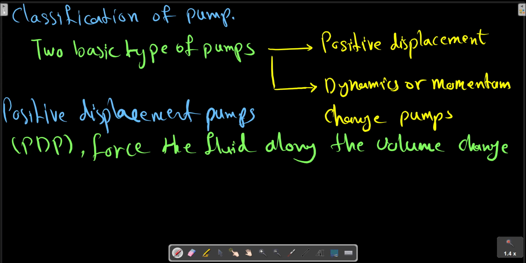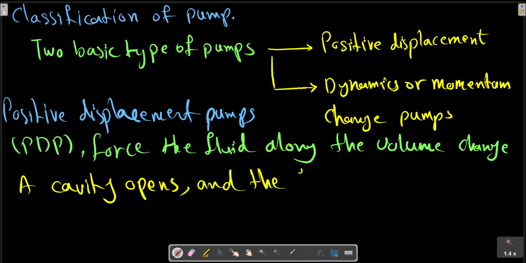A cavity opens as the flow is admitted through an inlet.